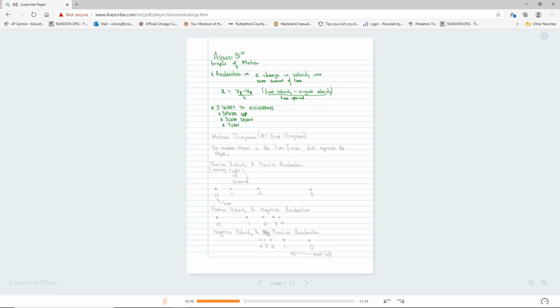Okay, so acceleration. You can speed up, slow down, or turn. I'm not going to worry about the turning piece today. We're just going to do the speed up and slow down. I'm going to give you some descriptions, and we're going to give some motion diagrams that go with them. Motion diagrams are the first kind.